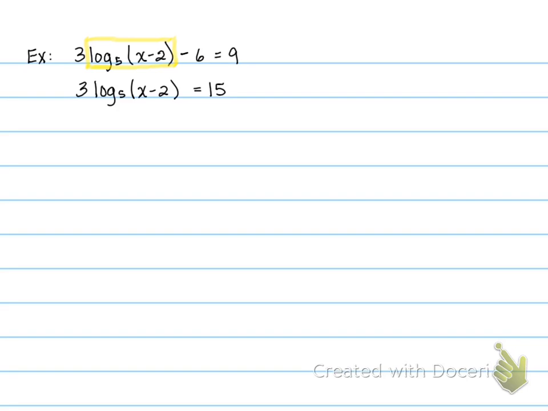There's another way we could do this. We could use our log rules and say this is the same, so that coefficient can become the exponent on the input of our log and say that's equal to 15. But I don't know about you, but I'm not really interested in multiplying x minus 2 by itself 3 times.